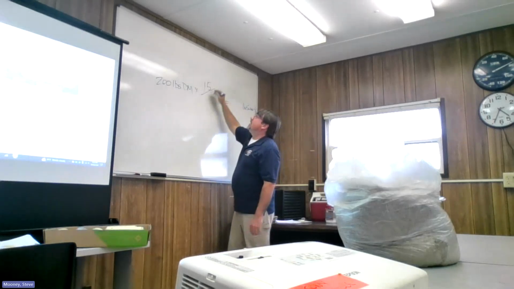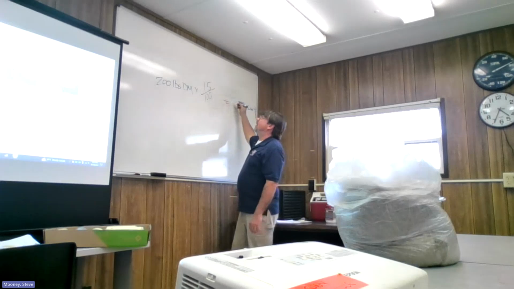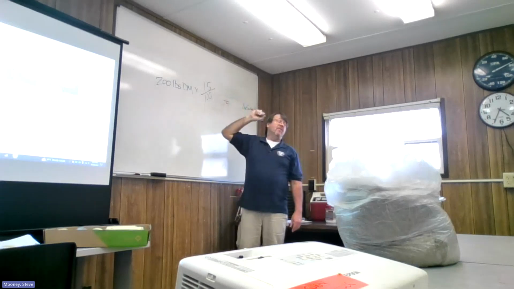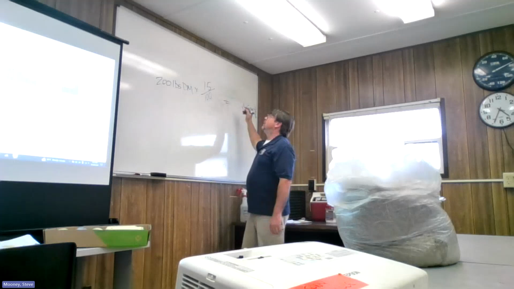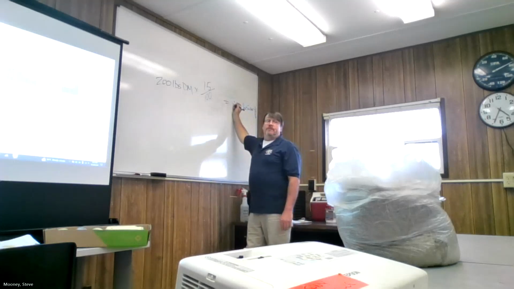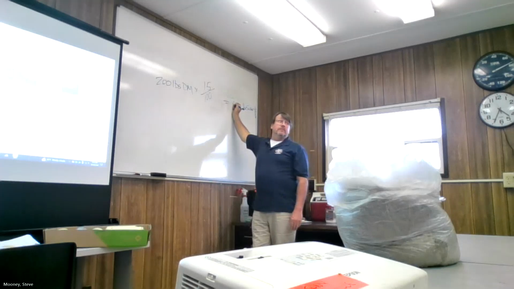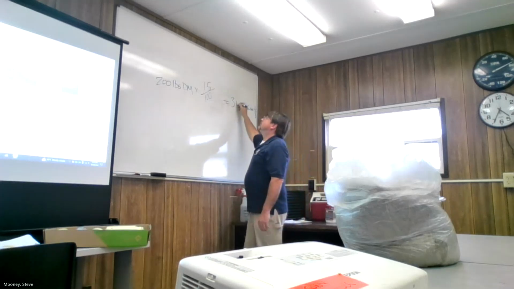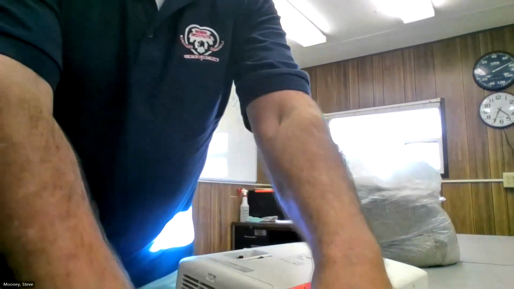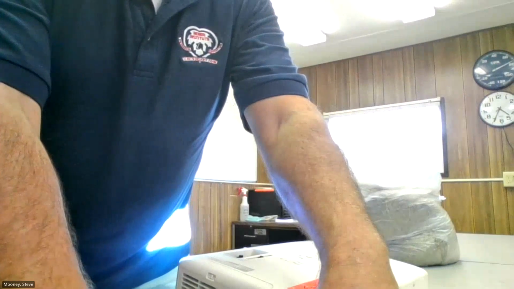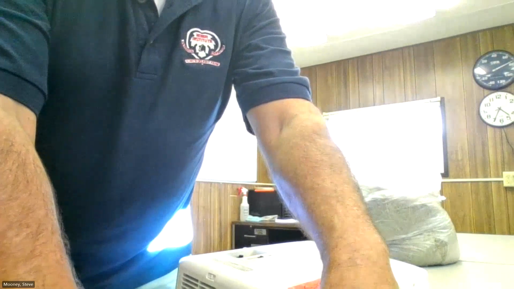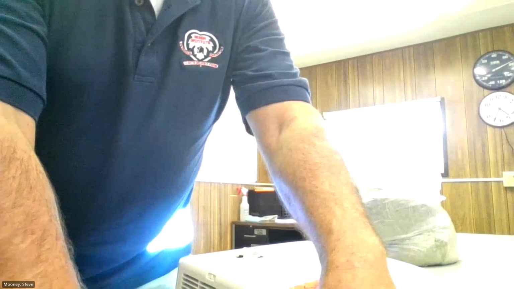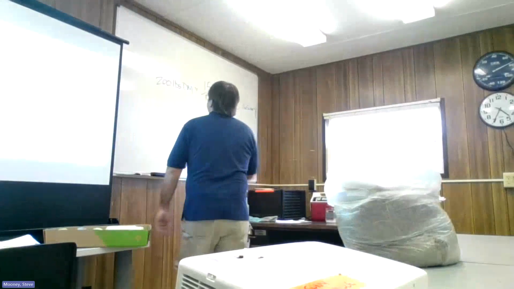Multiply it. 15% divided by 100, or 0.15, gives us what? How many pounds of sugar and starch are in that pile? 200 times 0.15 is going to give us 30 pounds.